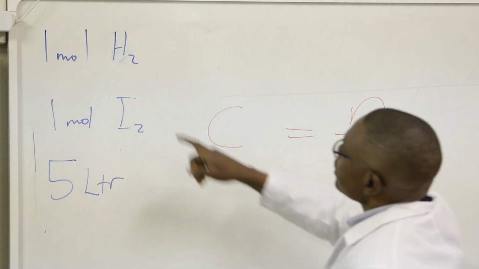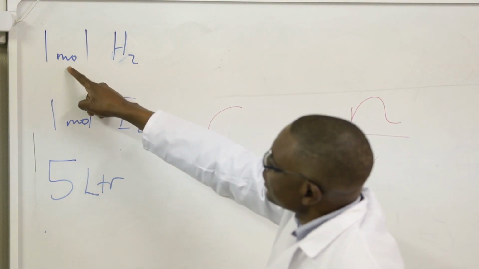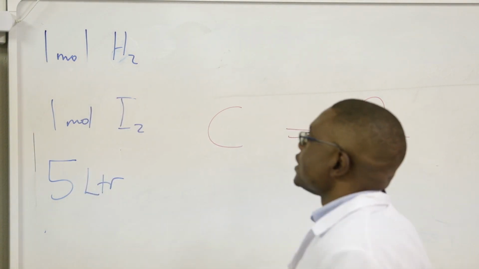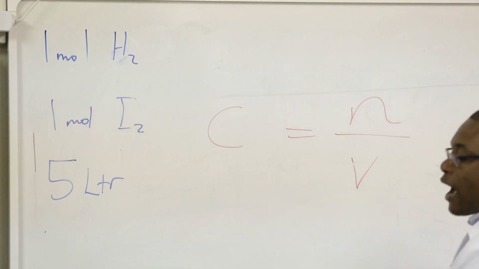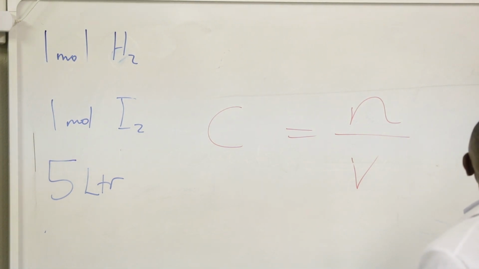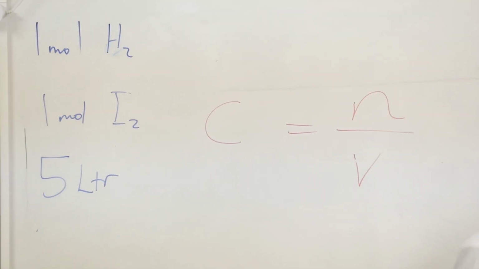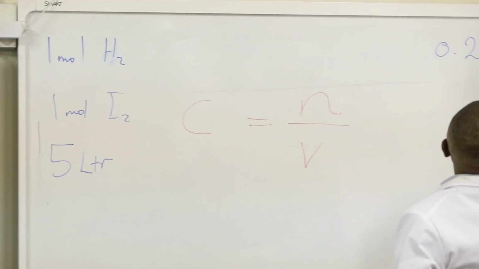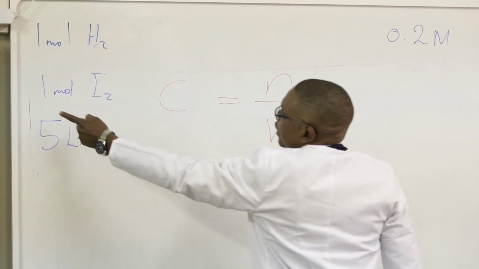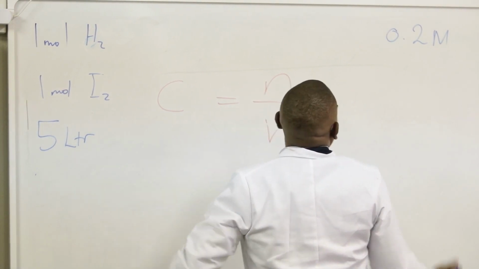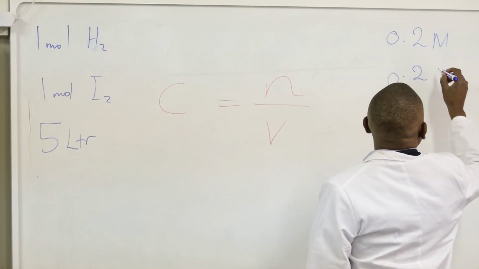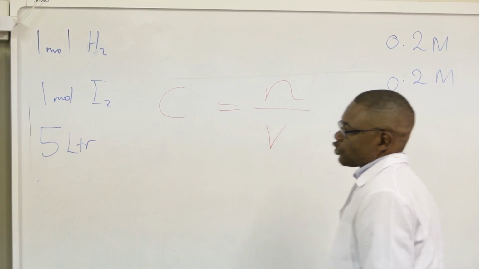In this case, number of moles is 1 divided by volume, which is 5 liters. 1 divided by 5 gives you 0.2 molar. So that's a concentration. For this one, it will also give you 0.2 molar concentration.